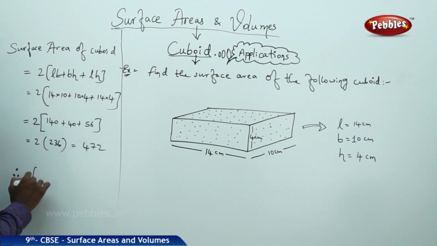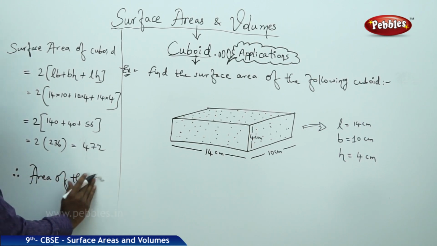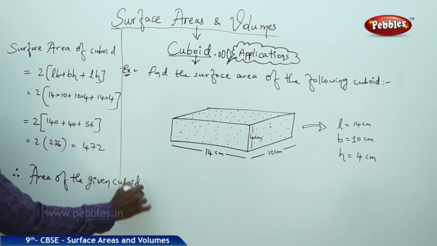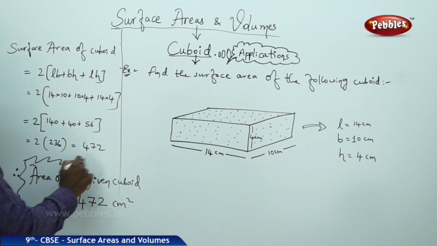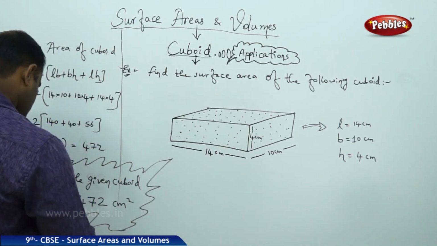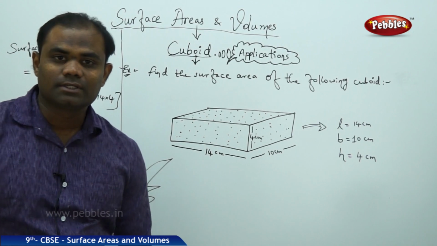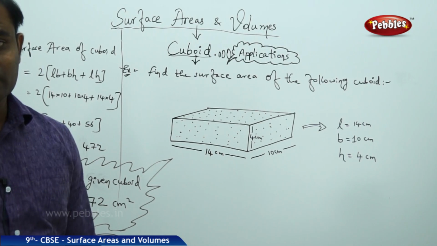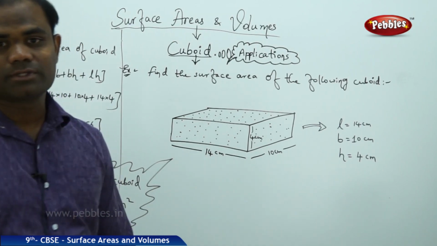Therefore, the surface area of the given cuboid is nothing but 472 centimeters square. 472 centimeters square is the area of the given box or the given cuboid with length 14 centimeters, width 10 centimeter, and height 4 centimeter.